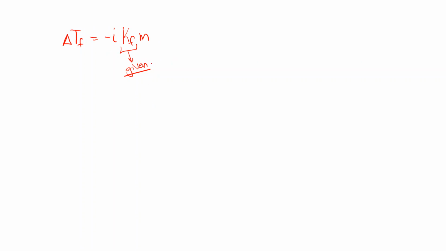The Kf factor is given, and it depends on your solvent. I might give you a series of Kf values, one for water, one for benzene, one for carbon tetrachloride, and depending on which solvent you're using in your problem, you would select the right Kf value.